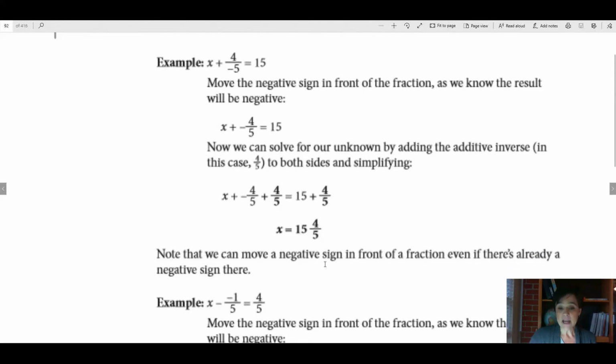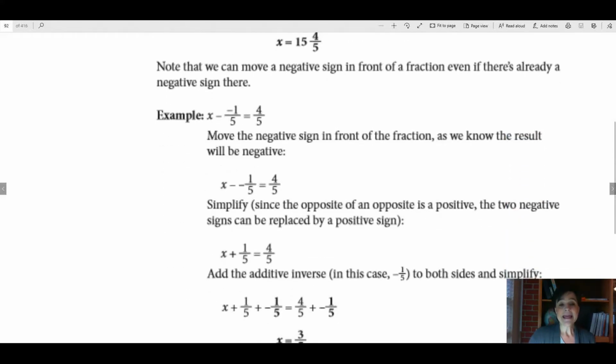Note that we can move a negative sign in front of a fraction even if there's already a negative sign there. Let's look at this one. x minus negative 1 over 5 equals 4/5. Move the negative sign in front of the fraction, as we know the result will be negative, because in this division your answer will be a negative because there's only one, so we're pulling it out in front of it.